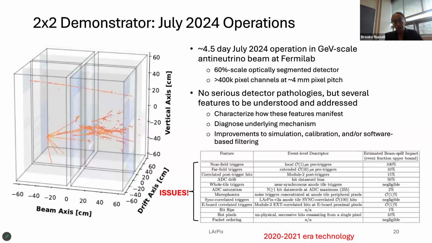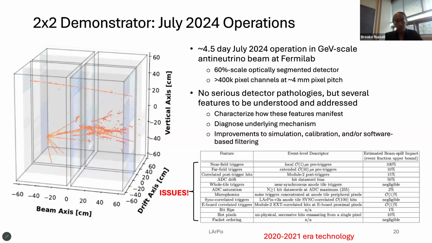An example of our large-scale prototypes is a 2.5-ton optically segmented liquid argon TPC that was deployed at Fermilab and operated for roughly 4.5 days in the NuMI neutrino beam. This detector is at roughly 60% scale of that which we'll deploy at DUNE.